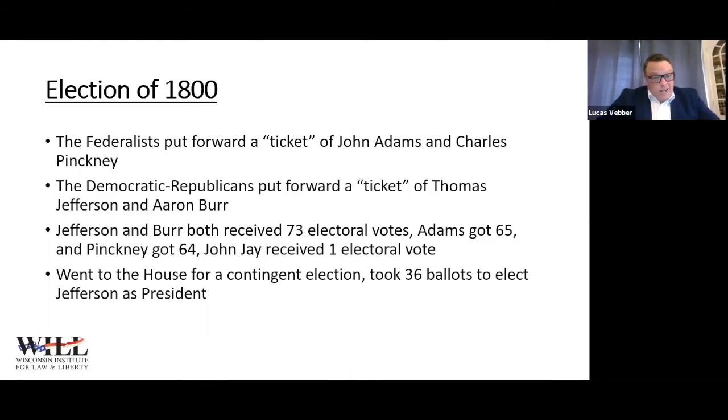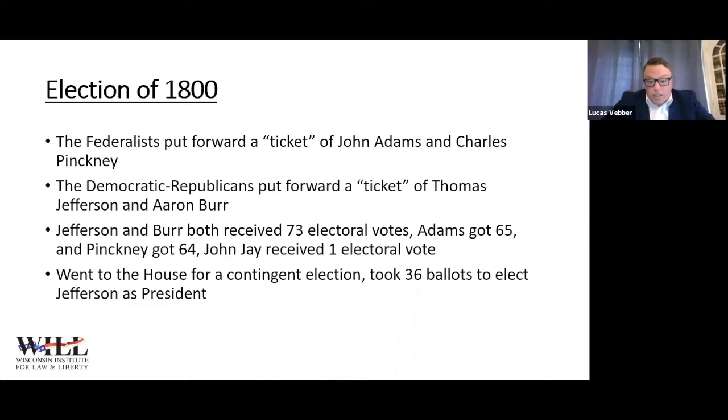In the election of 1800, the political parties that had formed essentially tried to put forward tickets on which they would elect to kind of get around the problem. The idea was that all of the electors for the Federalists would cast their vote for John Adams, and then all but one would cast their vote for Charles Pinckney, thereby assuring that if they won, their candidates would be president and vice president.